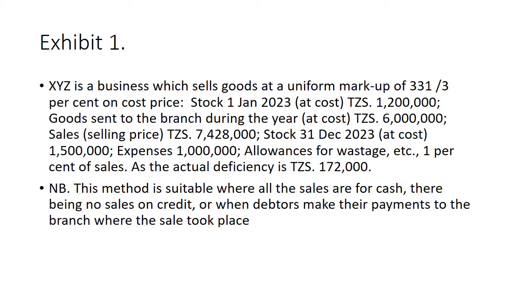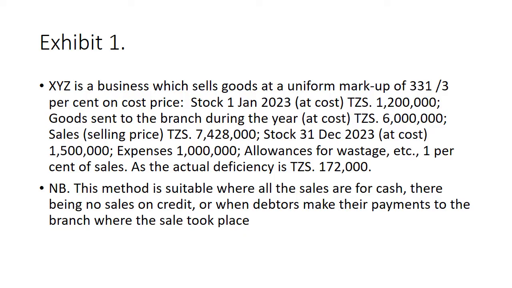Goods sent to branch during the year at cost were 6 million. Sales at selling price are 7,428,000. Stock at cost is 1,500,000. Expenses 1 million. Allowance for wastage is 1% of sales, as the actual deficiencies are 172,000. So this method is suitable where all the sales are for cash.